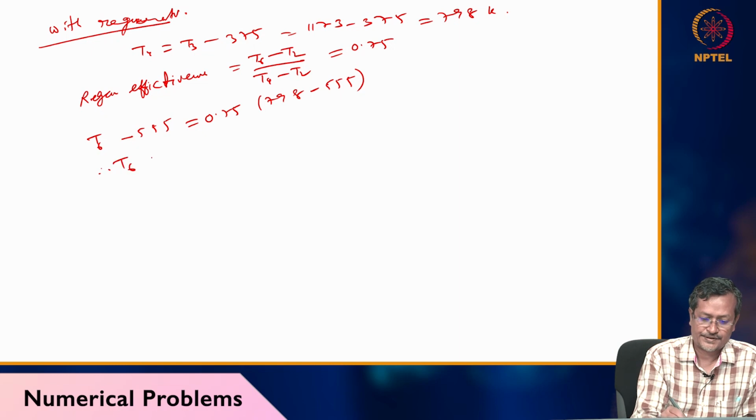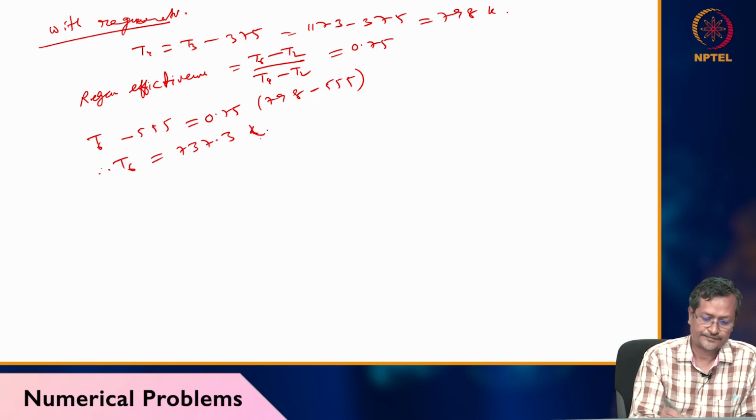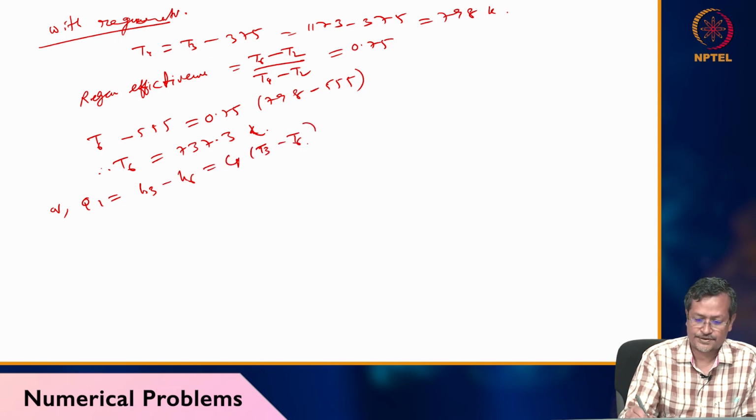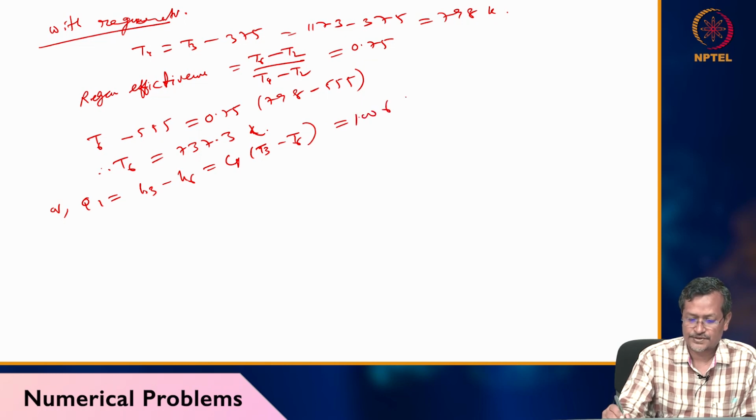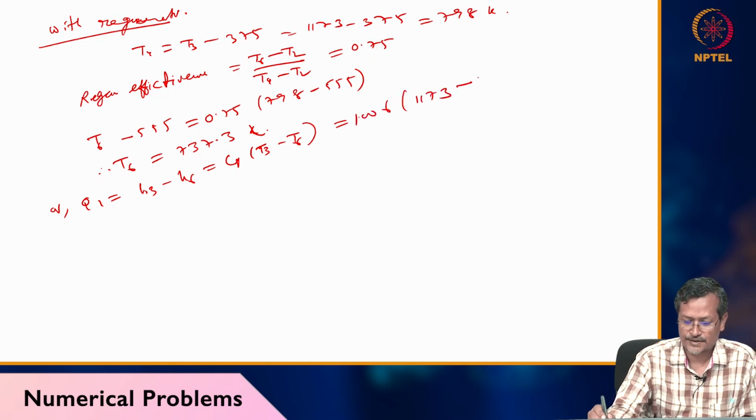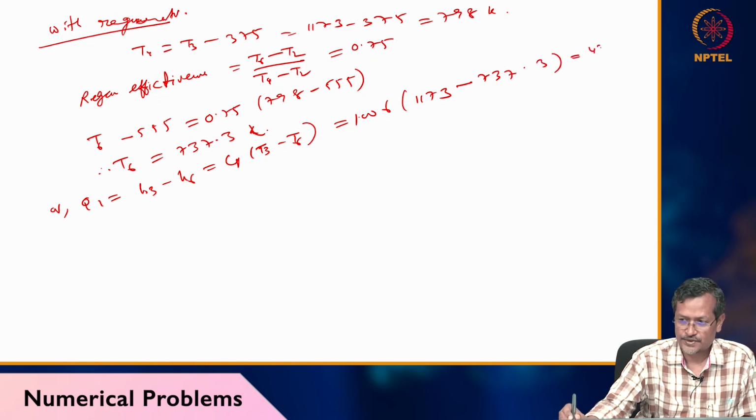Therefore, T6 equals 737.3 K. Now Q1 equals H3 minus H6 equals Cp into T3 minus T6, 1.005 into 1173 minus 737.3, equals 437.88 kJ per kg.